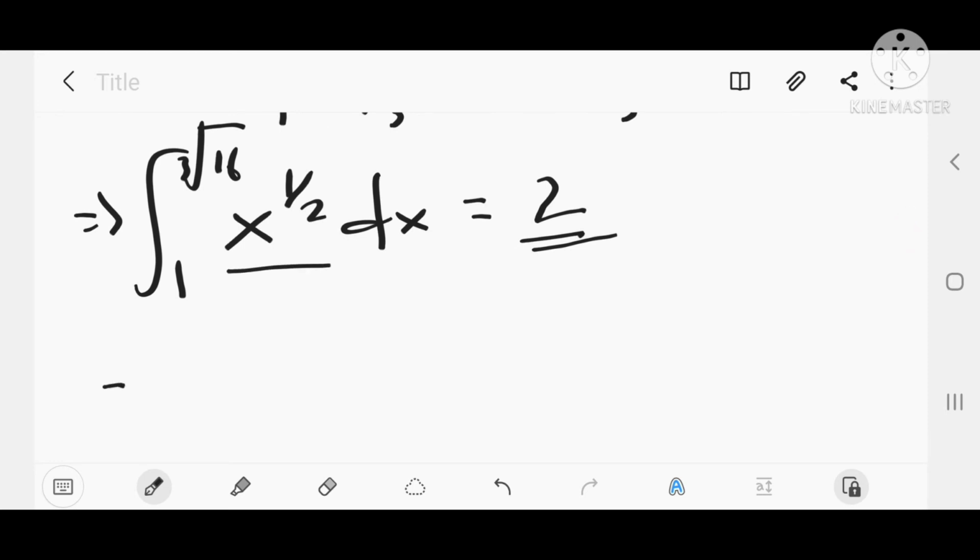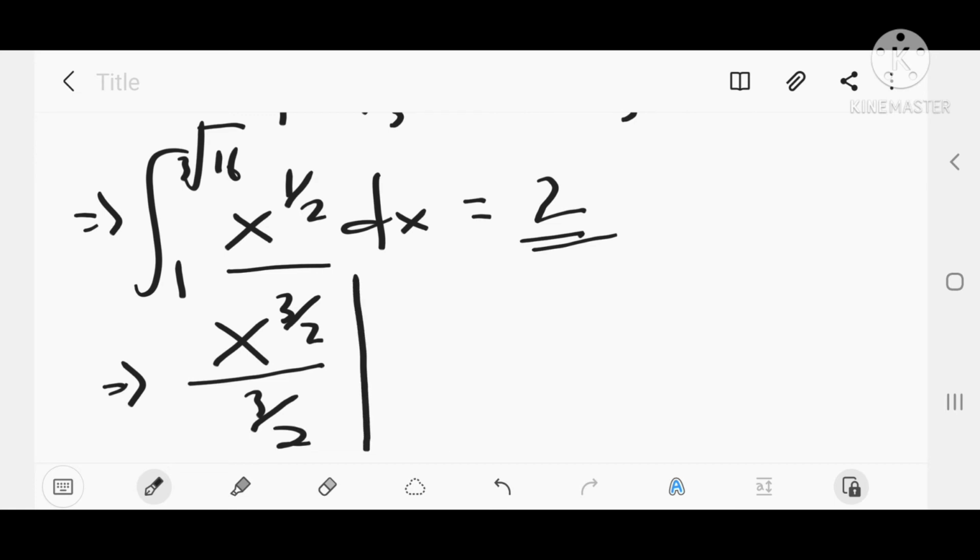Integrating that, we have x exponent 3 on 2 over 3 on 2, evaluated from 1 to the cube root of 16, and everything should be equal to 2.